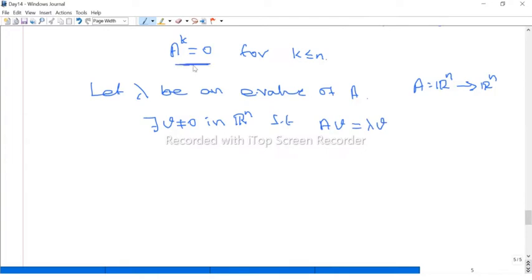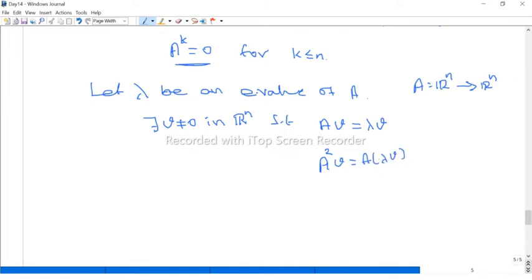And we know that A power k is 0. Now I am going to apply A on both sides k times. First apply A to this equation, we get A square v equals A of lambda v.